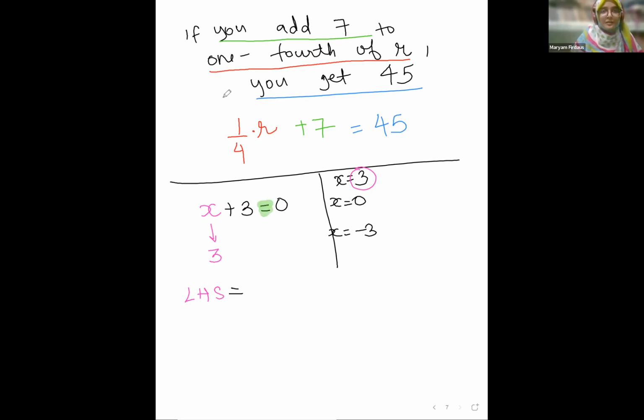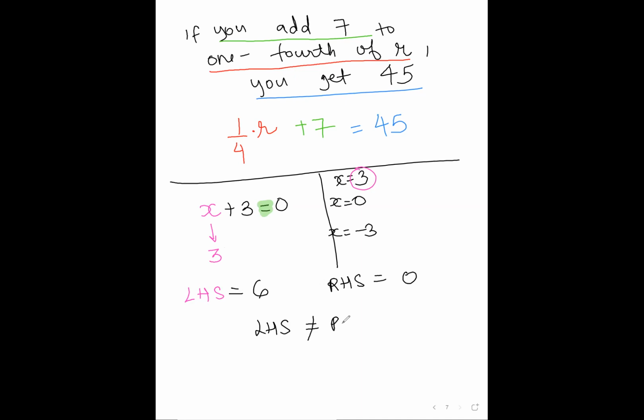So the left hand side of the equation, how much is this becoming? 3 plus 3? 6. But the right hand side of the equation, how much is that? 0. So LHS is not equal to the right hand side, but it's supposed to be equal, right?